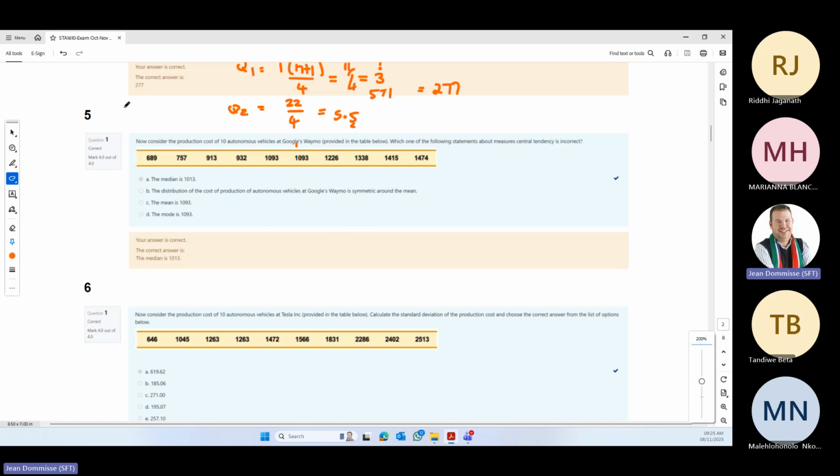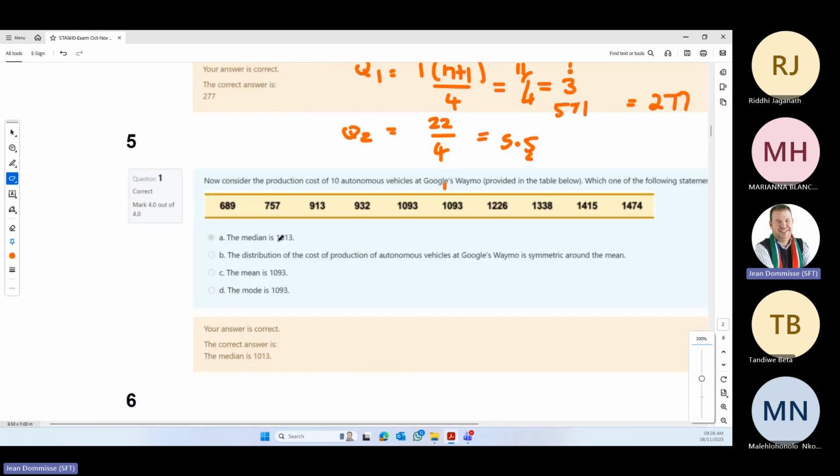Okay. Now we're looking at, consider the production of those 10 cars. Which one of the following statements about measures of central tendency is incorrect? So basically looking at mean, median, and mode.